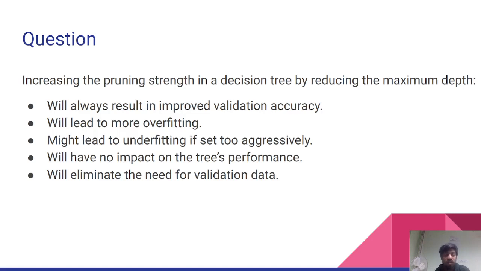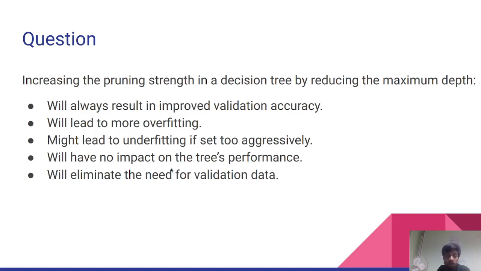Fourth option is that it will have no impact. Whether we use the original tree or pruning, the performance is not affected, which is why it might be helpful to use pruning. Is that correct?